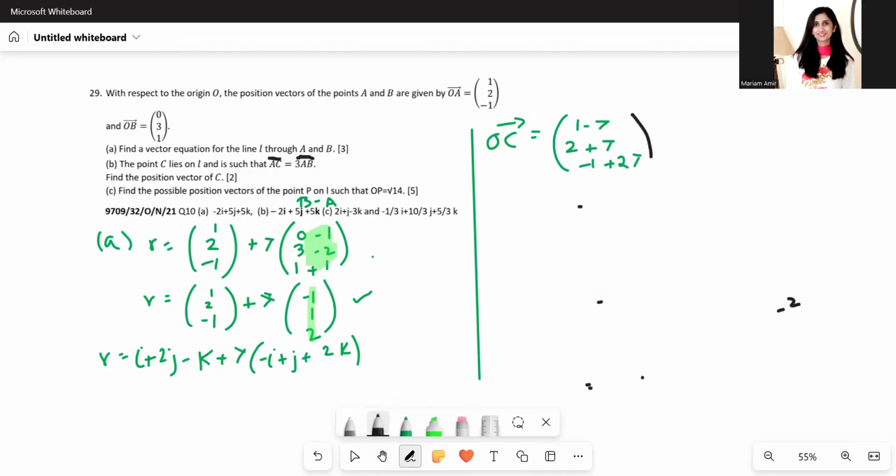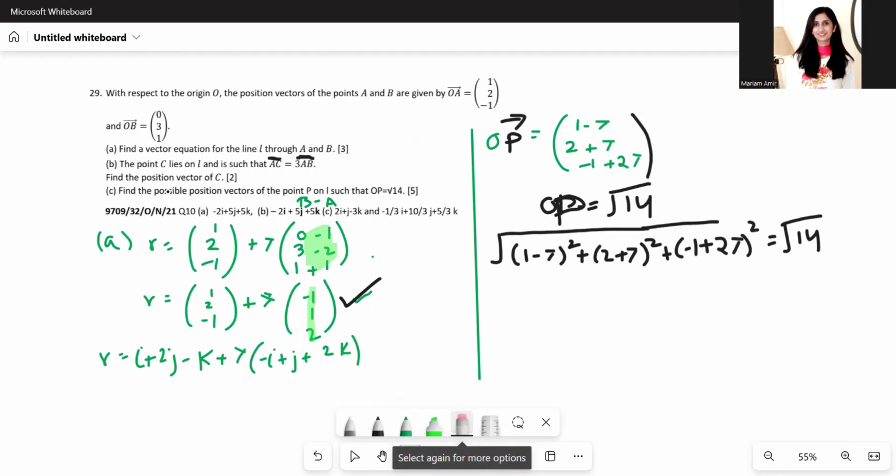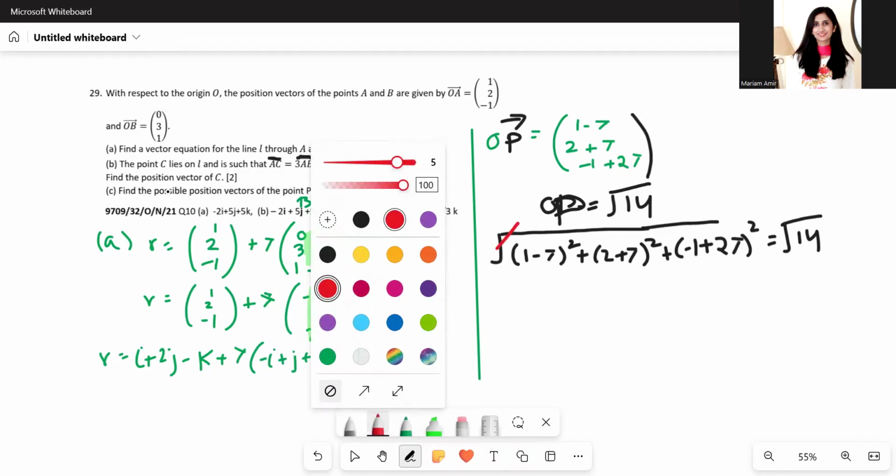And we're told its magnitude is equal to square root of 14. That means the magnitude of OP will be square root of (1 minus lambda) squared plus (2 plus lambda) squared plus (-1 plus 2 lambda) squared, equal to square root of 14. We'll start by squaring both sides and getting rid of the square root symbol.